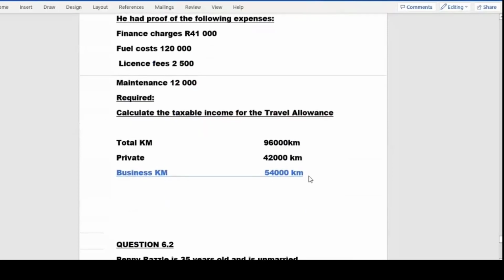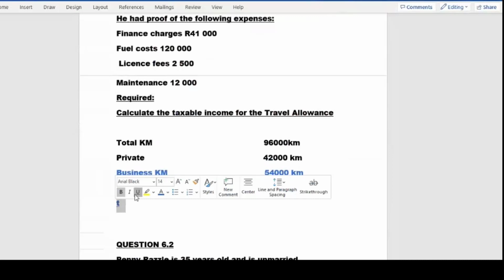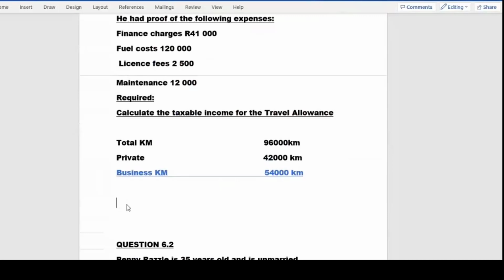So you're going to say travel allowance, and your travel allowance would be 20,000. You multiply that by 12. How much is 20,000 times 12? Somebody help me quickly.